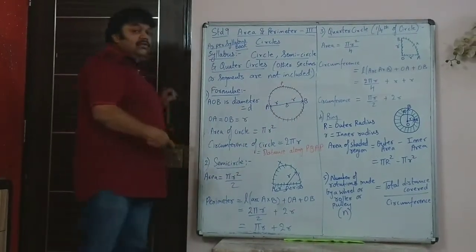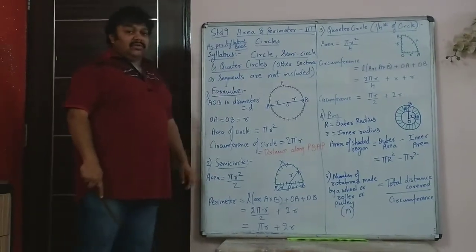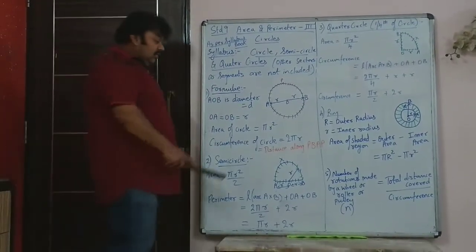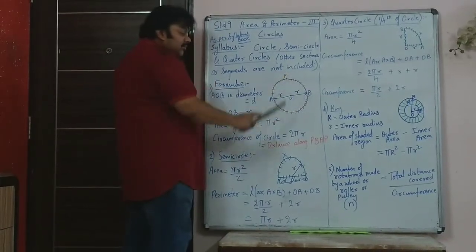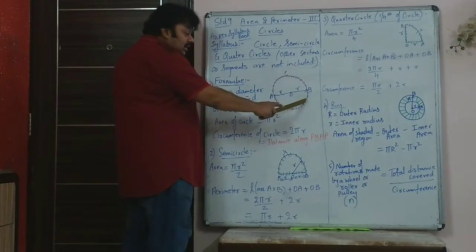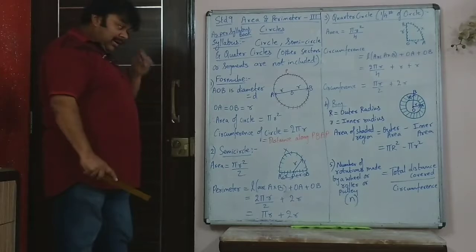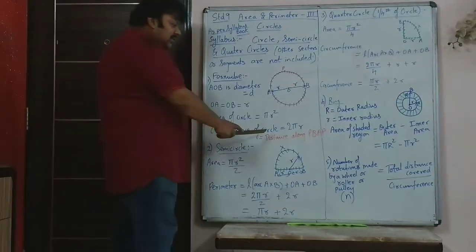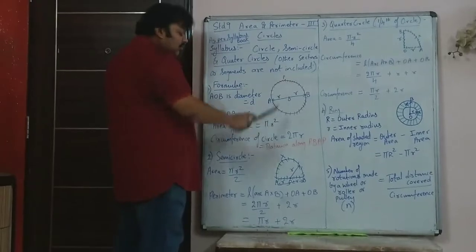In other figures you call it perimeter like in quadrilaterals, but in circles you call it circumference. So circumference is equal to 2 pi r. That is the formula for circumference. It is the length of the entire arc of the outer circle. So that is 2 pi r. It's the distance along P to B to A and then back to P.